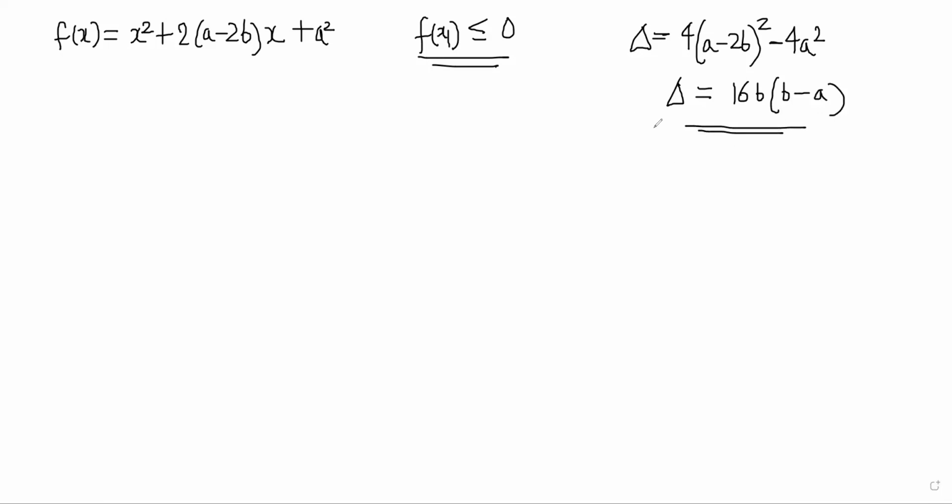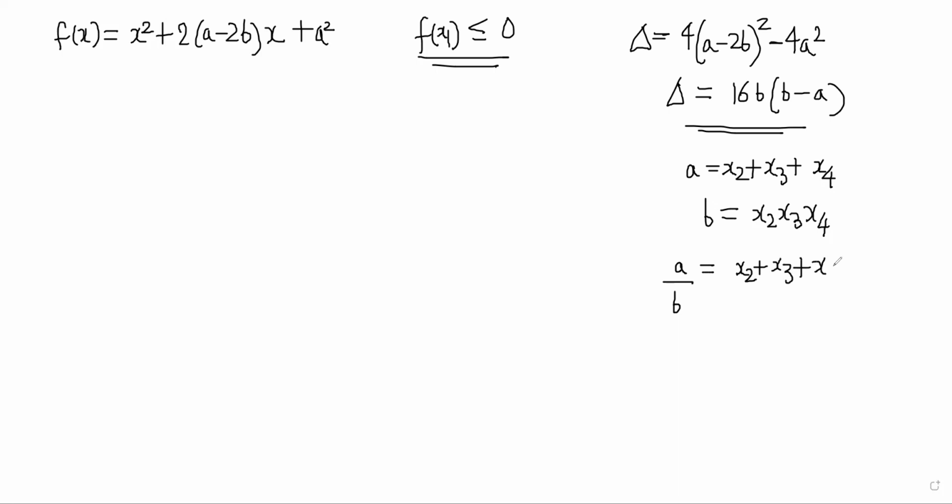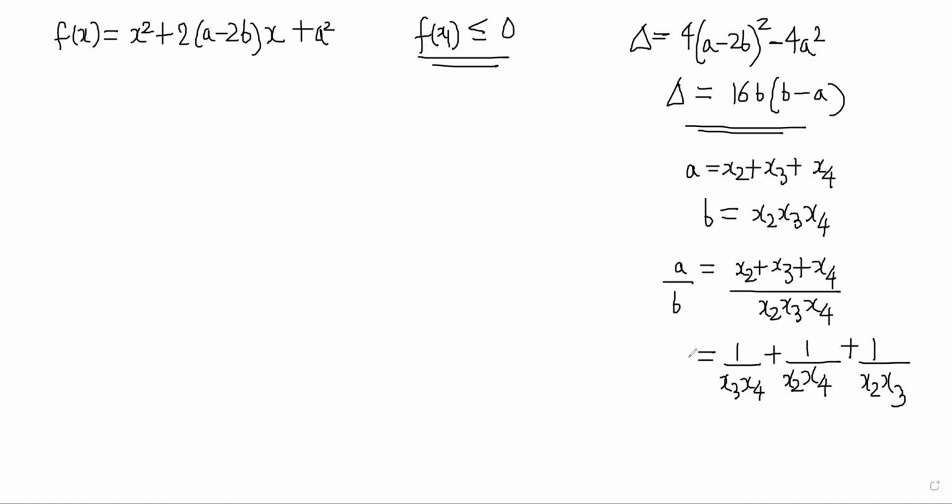From the original definitions, A was x2 plus x3 plus x4 and B was x2 x3 x4. So what is A by B? A by B is equal to (x2 plus x3 plus x4) by x2 x3 x4, which is equal to 1 by x3 x4 plus 1 by x2 x4 plus 1 by x2 x3. This is my A by B.